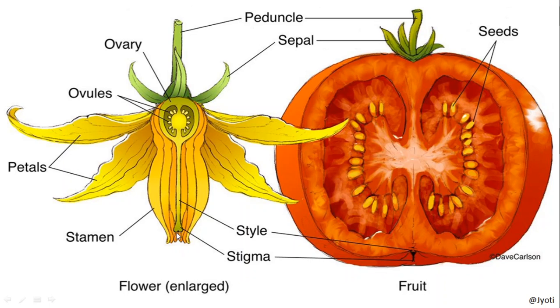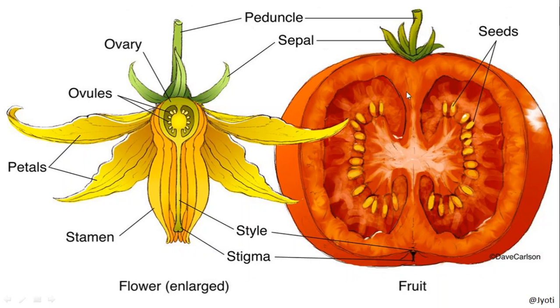When the pollen grain falls on the stigma, the pollen tube is formed and it reaches the ovule present in the ovary, and then the male gamete present in the pollen grain reaches the ovule, and in the ovule the egg is present. Then the egg and the male gamete fuse. Then the zygote is formed. The ovule develops into the seed, and the ovary develops into the fruit.